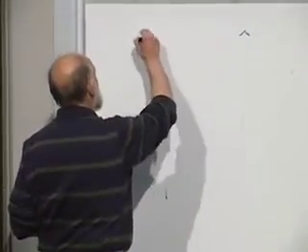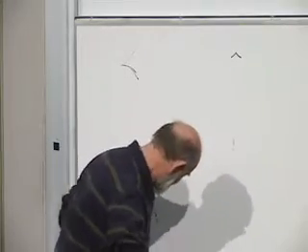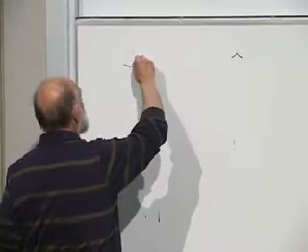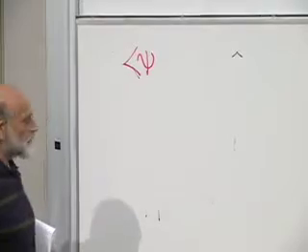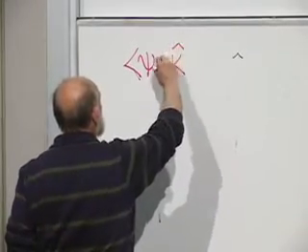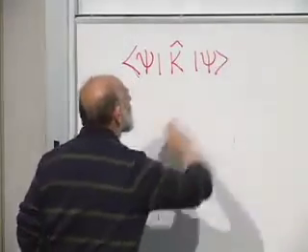Let's take an observable, let's call it K, and let's take its average value, its expectation value.